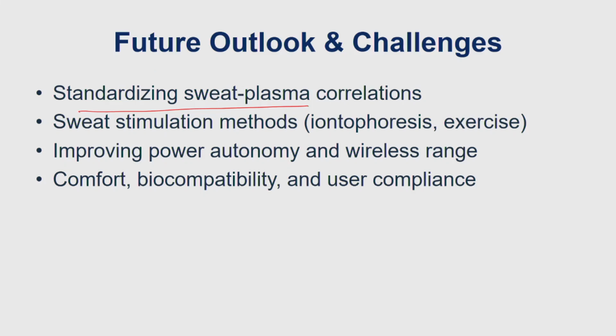Sweat stimulation methods. How do you stimulate sweat? You can make a person either exercise, or you can use iontophoresis. We saw how the GlucoWatch was using iontophoresis to extract the sweat out and be able to do measurements in the sweat. And then we've also seen, looking at the Wei Gao paper, how he was using a lactate based biofuel cell.